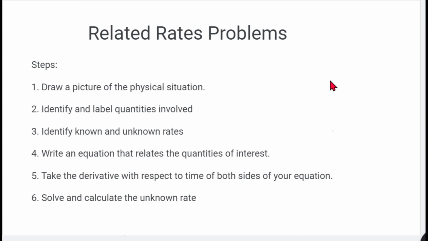Once you differentiate a quantity, you find the derivative. The derivative of a quantity is the rate of change of that quantity. Then finally, you solve for the unknown rate. All right, so these are the general steps. Of course, we're going to go through the steps with each and every example. I'll show you.